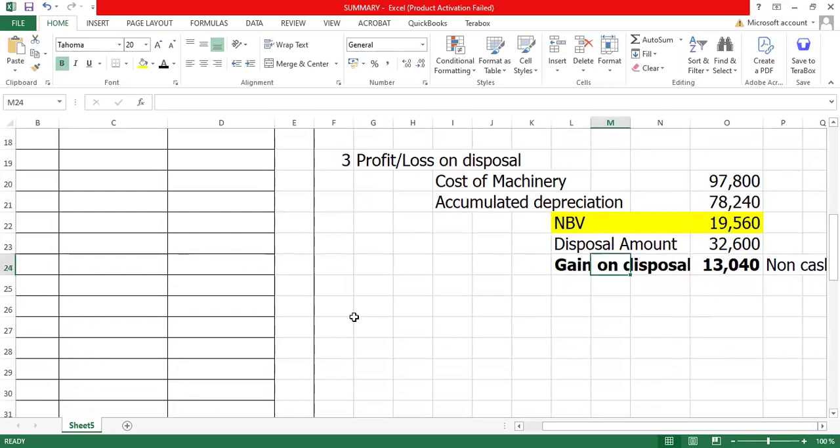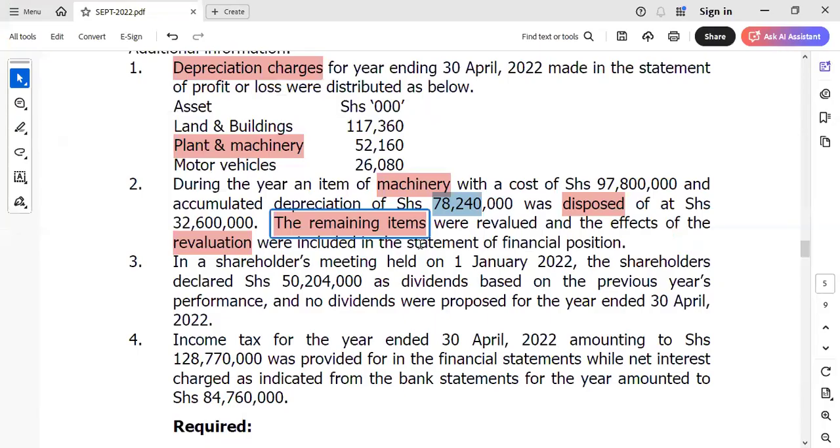After getting the gain on disposal, go ahead and see now. Because this revaluation, colleagues, they are talking about the revaluation.